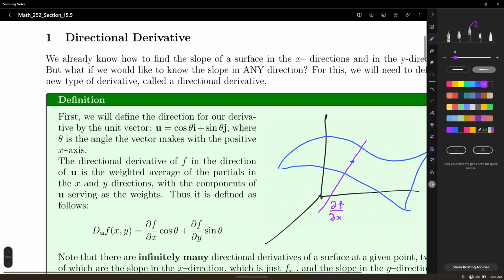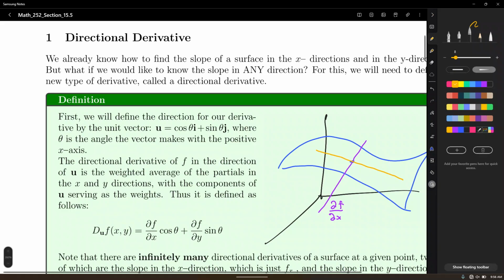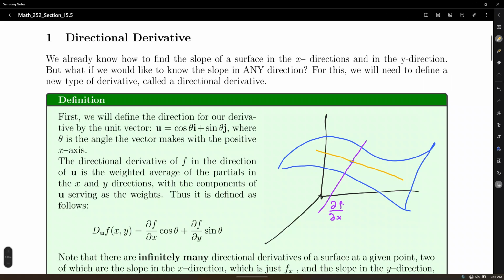Likewise, this slope right here, this tangent line, will have a slope given by partial of f with respect to y, and that's going to give us the slope of the tangent line on the surface, not the curve, on the surface, parallel to the y-axis. That is the rate of change with respect to y.